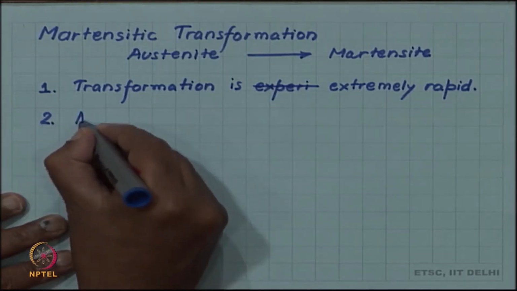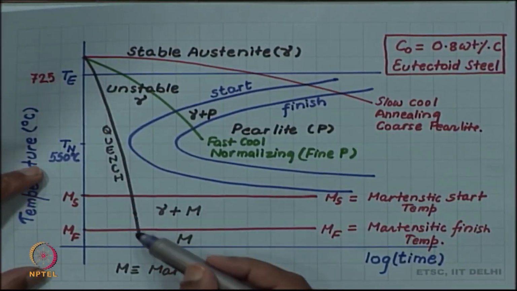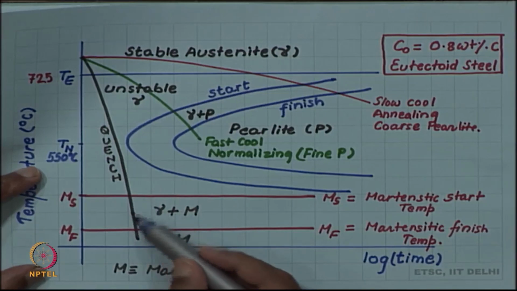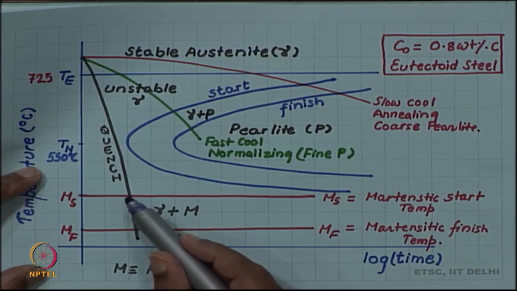So, amount transformed, as I indicated to you here, only depends upon the temperature at which you have reached. So, at MS the transformation has just begun, and then gradually it increases, and at MF it completes.